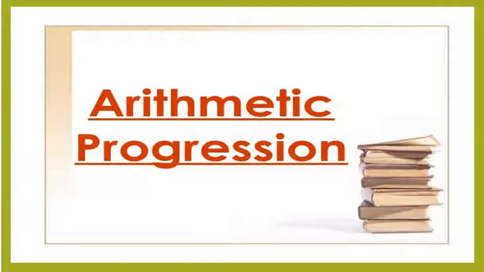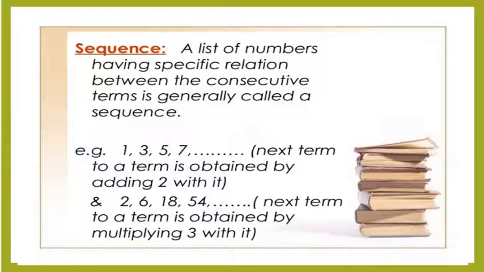What is arithmetic progression? First, we will see the definition of sequence. A list of numbers having specific relation between the consecutive terms is generally called a sequence. For example, 1, 3, 5, 7, 9, 11, 13, like that.